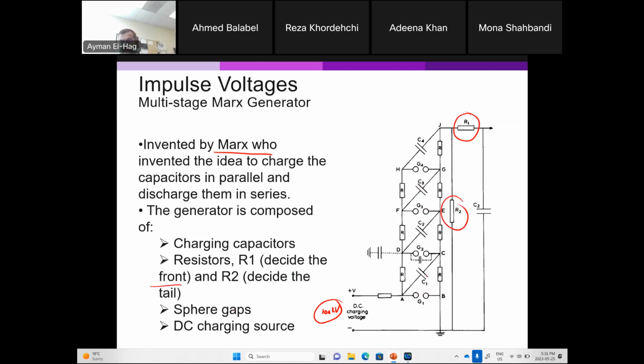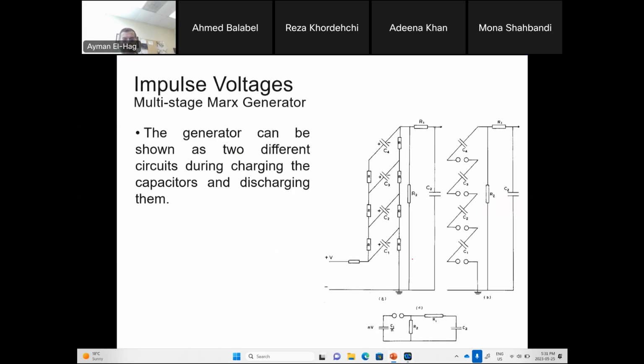Now here we have these air gaps as our switches. Now this is again a visualization of how this is happening. So that is the charging here. Here you charge, and here you discharge. When you charge, you see here all the capacitors are charged in parallel.